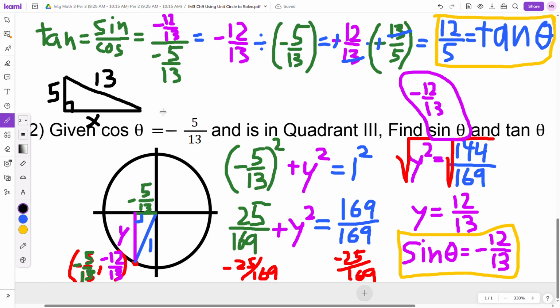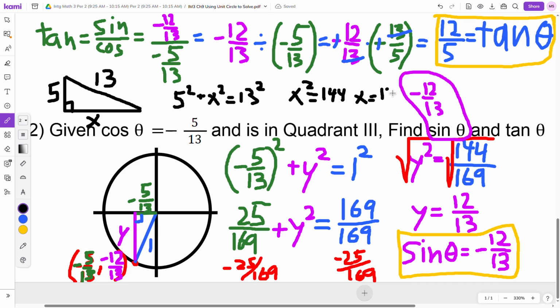I happen to know it's a Pythagorean triple, so I already know it's 12. But even if I didn't know the Pythagorean triple, I would have a pretty easy calculation. 5 squared plus x squared is 13 squared. And it would be a little more obvious that x squared is 144, and therefore x is 12.